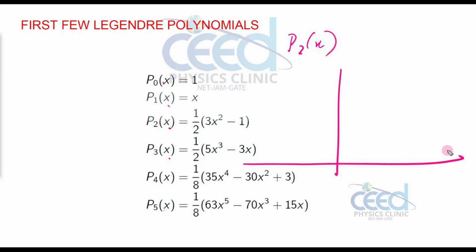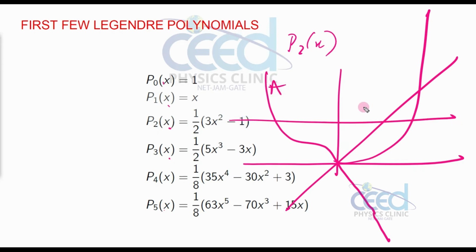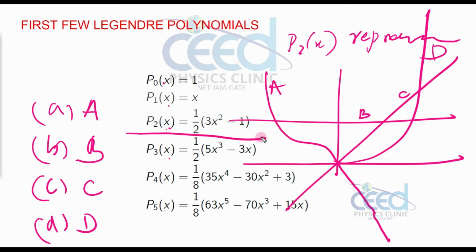You may be given different graphs, with different names A, B, C, D. So P2 of x is represented by, and you have 4 options A, B, C, D. Once you know this equation, this is a must.